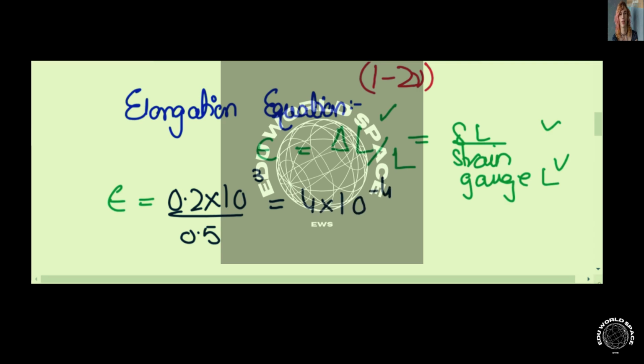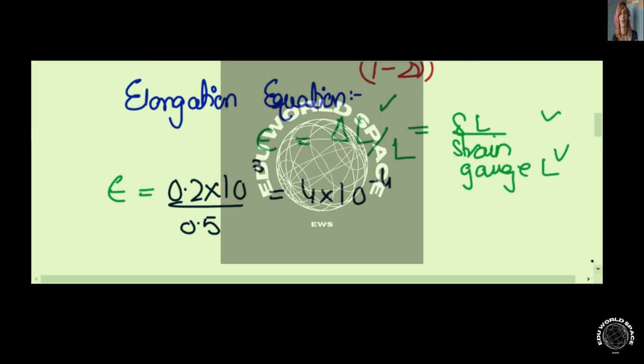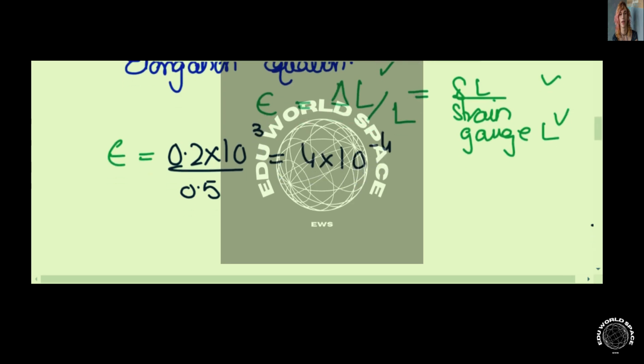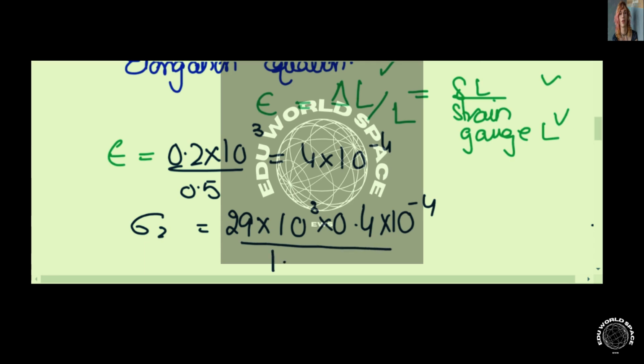And now we can find the stress. For stress, just plug in the values. We have 29 into 10 raised to power 3 into 0.4 into 10 raised to power negative 4 divided by 1 minus 2 into 0.3.